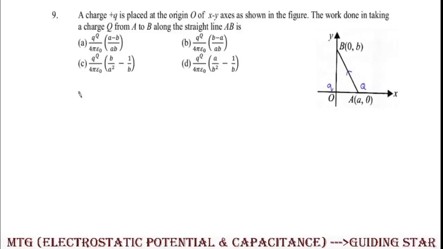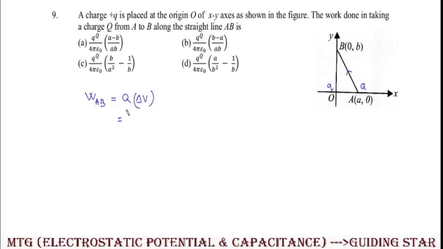In this case, the work done in moving the charge from A to B will be nothing but the charge, capital Q, into delta V. Clear?